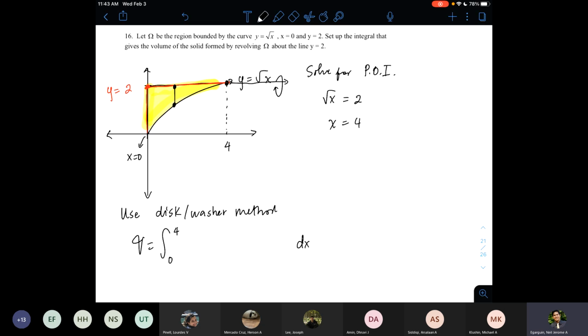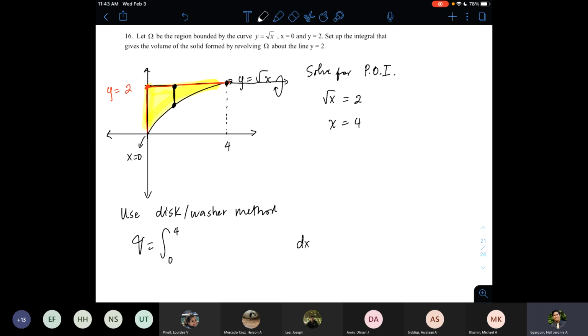And then remember, I need to decide, is it a disk or is it a washer? Or what are the cross sections, right? If I draw a vertical strip from the AOR towards the end of the region, the entire strip is on the shaded region. There is no spillover into an unshaded part of the Cartesian plane.